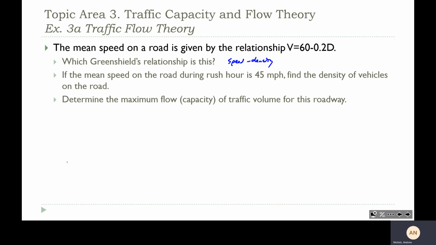If the mean speed on the road during rush hour is 45 miles an hour, find the density of vehicles on the road.